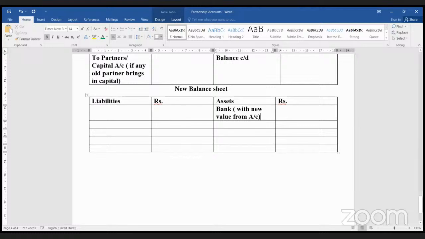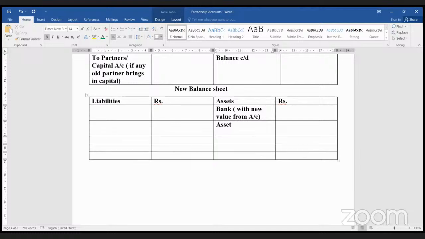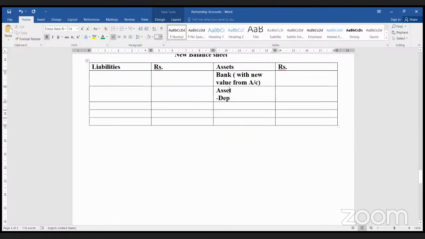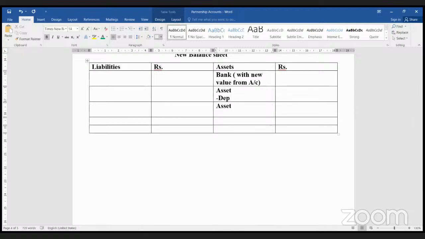Okay. Next, asset. With depreciation, minus. Asset if appreciated, plus.